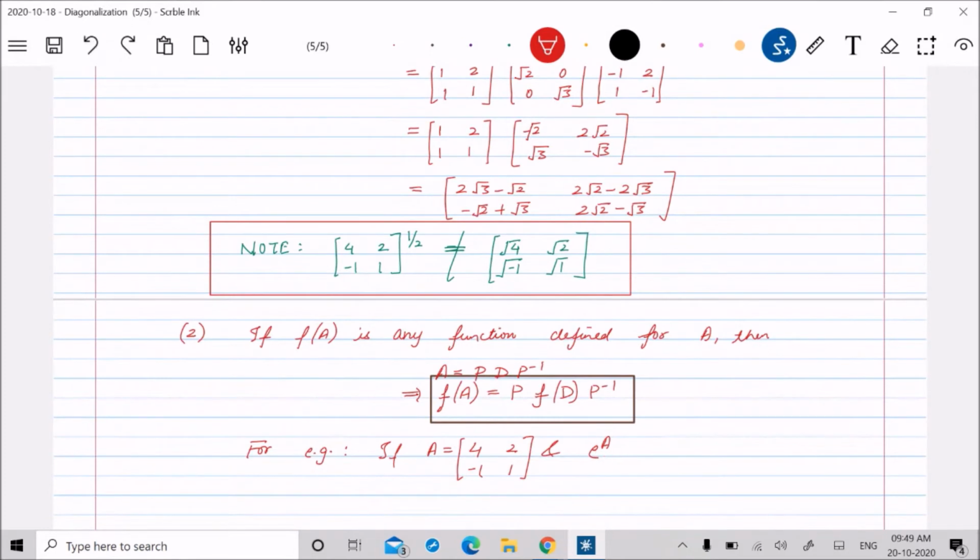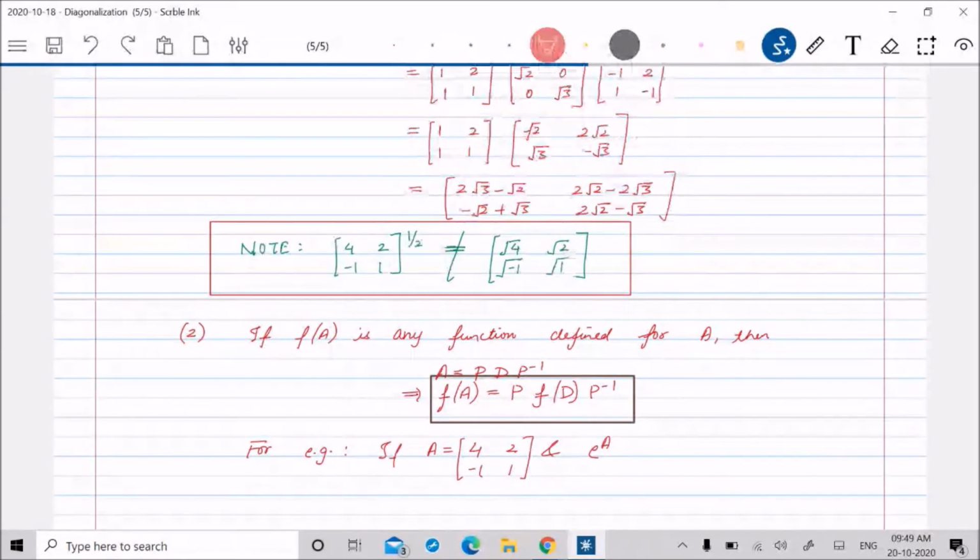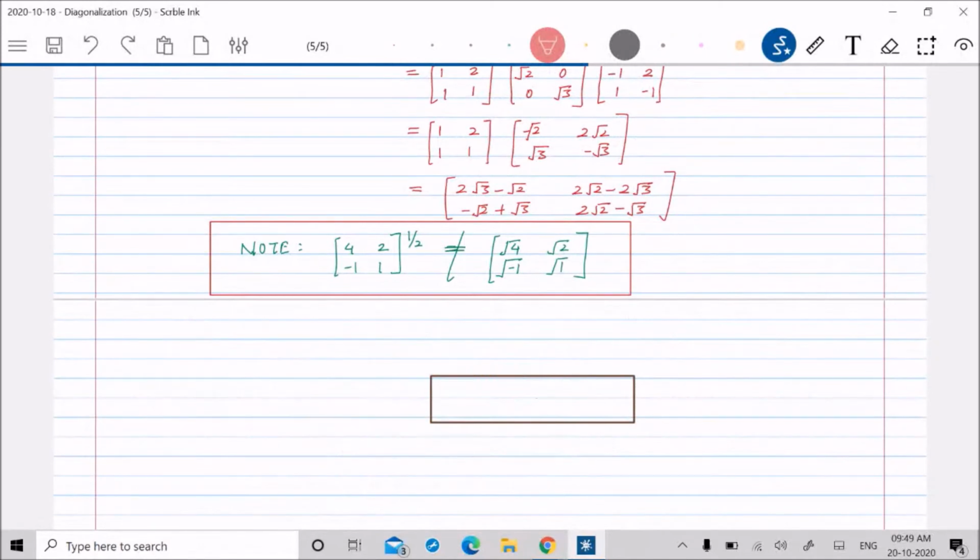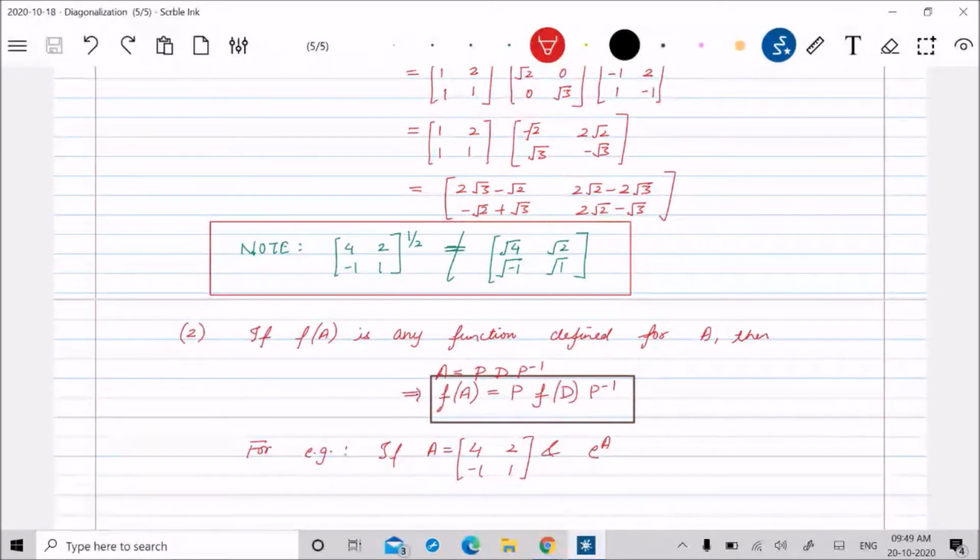So this is a new thing you are learning in BTech. Since you already learned how to find e to the power x, the exponential series, this time you are finding e to the power A, where A is a matrix. You have to find e to the power A equals question mark. This is your target. And since e is an exponential function, right?